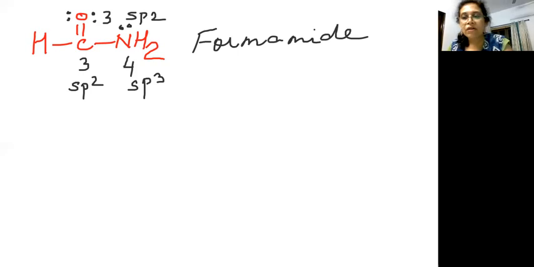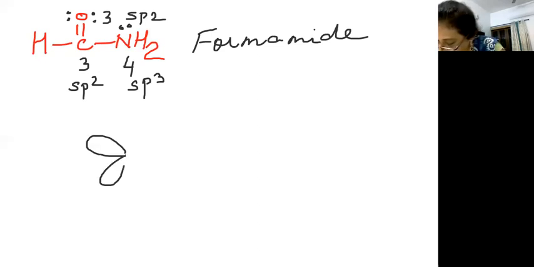First of all, we will make the multiple bond. So carbon, as I said, is sp2. So let us first draw our sp2 hybridized carbon that I have made. Then my oxygen is again sp2. So let me make my oxygen.